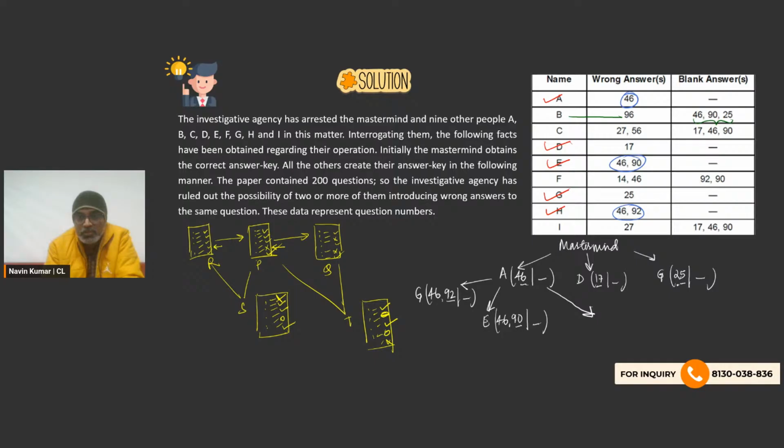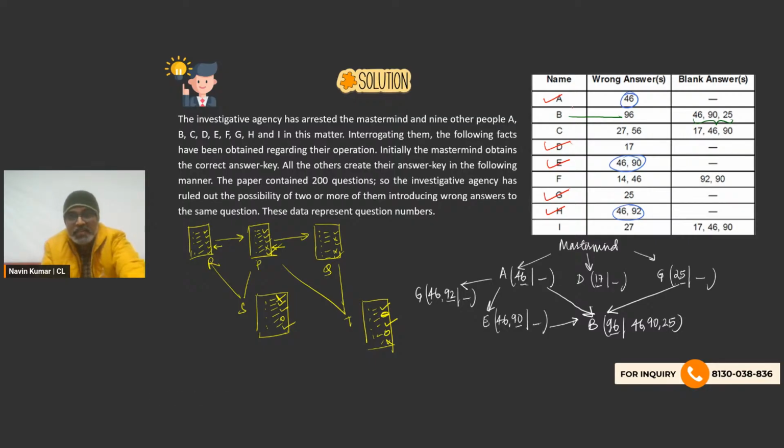Anybody who copies from A and G both will make sure that 46 and 25 are marked differently, so he is going to leave it blank, right? And E as well, because that's where we see 90. So B has three sources, A, G, and D, so he makes a mistake of 96 of his own, and he leaves 46, 90, and 25 blank.